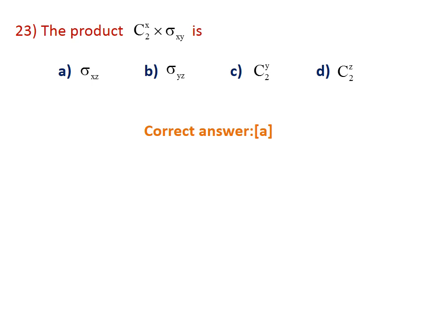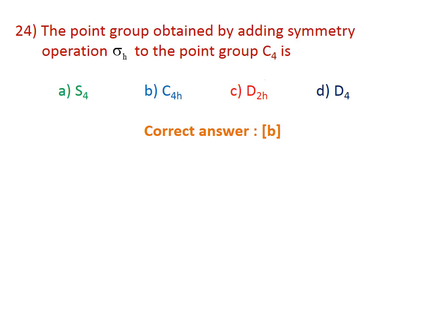The correct answer is A. Question number 24. The point group obtained by adding the symmetry operation sigma h to the point group C4 is. It is a very simple question. C4 plus sigma h gives C4h. Therefore, the correct option is B, C4h.